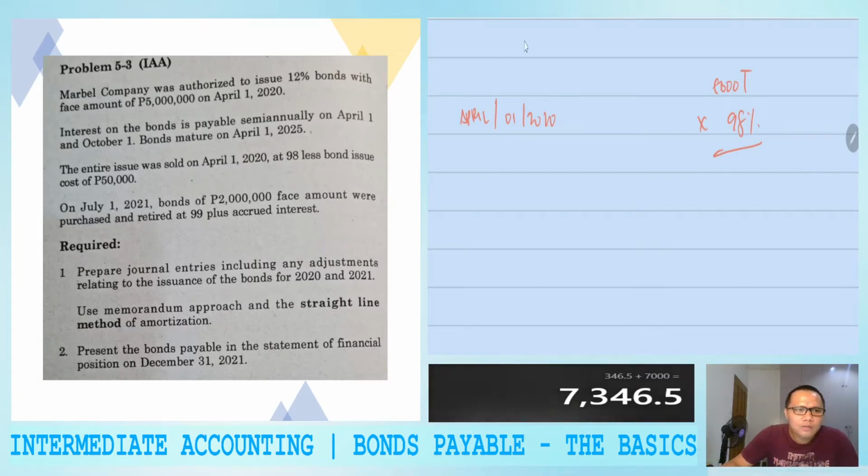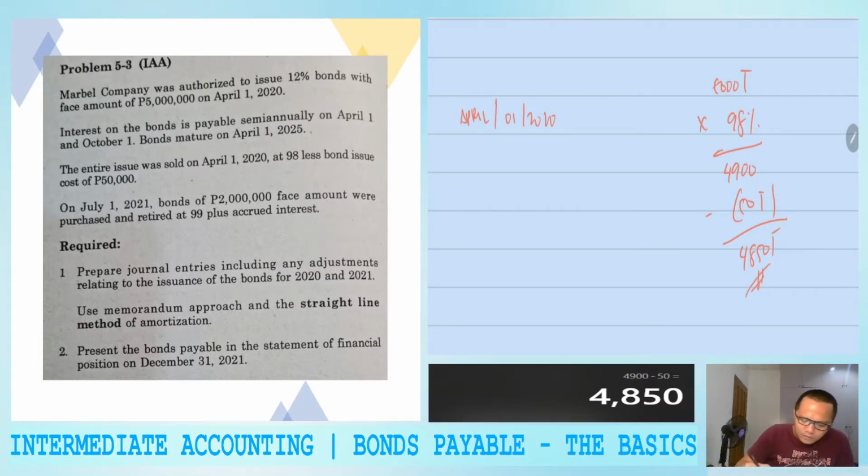So that is 5 million times 0.98, so we have 4,900,000. Okay? Less the bond issue cost of 50,000, the net cash to be received from this bond issuance is 4,850,000.